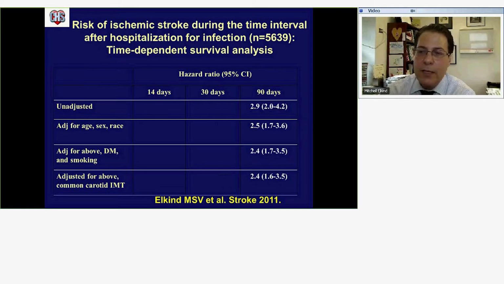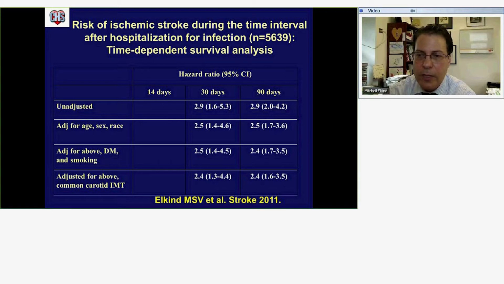And when we did the analysis, we found, again, within a 90-day window of their hospitalization for infection, there was a threefold increase in risk of stroke before adjusting for other risk factors. When we adjust for other risk factors, including diabetes and smoking, as well as carotid plaque thickness as kind of a general measure of atherosclerosis, there was a decrement in that increase in risk, but it was still statistically significant.